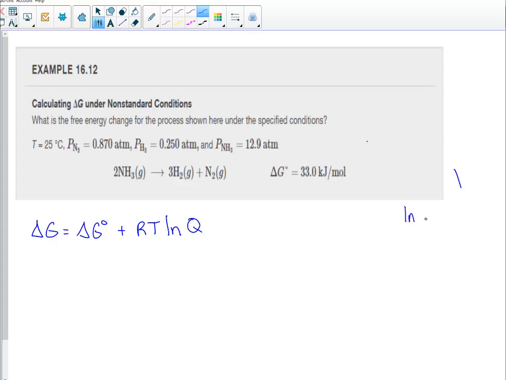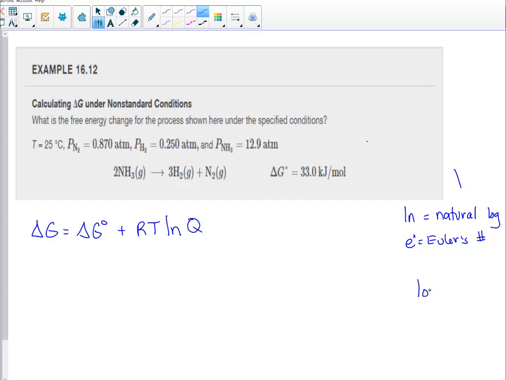Remember, ln on your calculator is natural log. It's based on Euler's number. The opposite of natural log is that little e sign you see on your calculator. e to the x is the opposite of natural log.